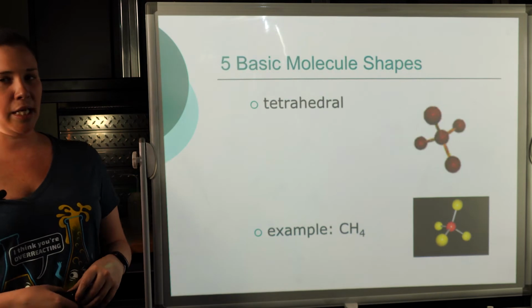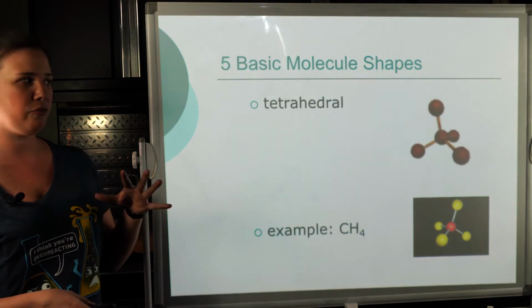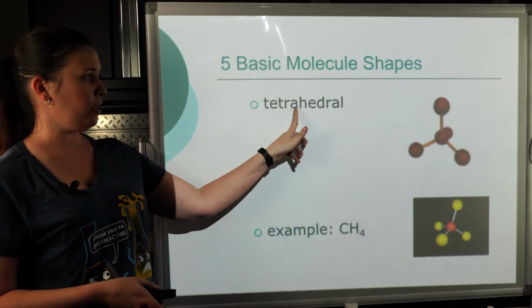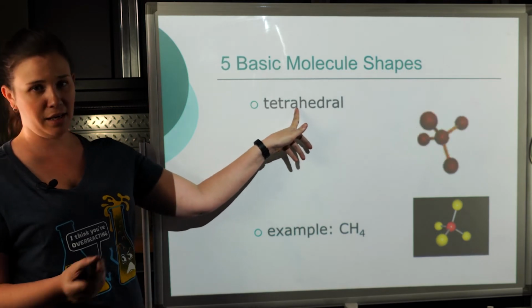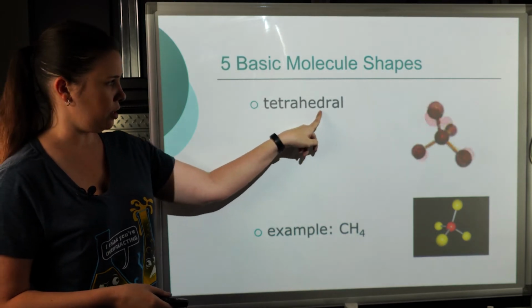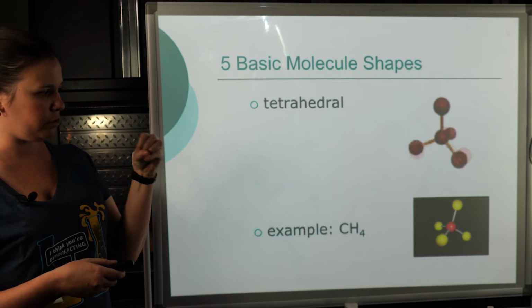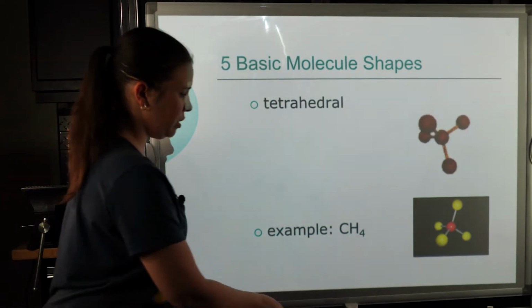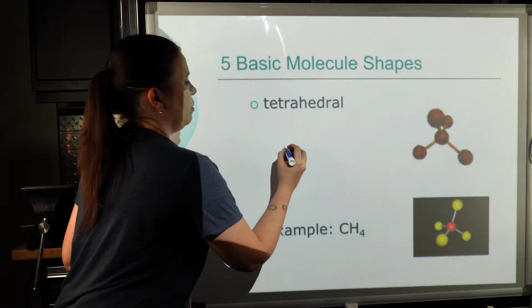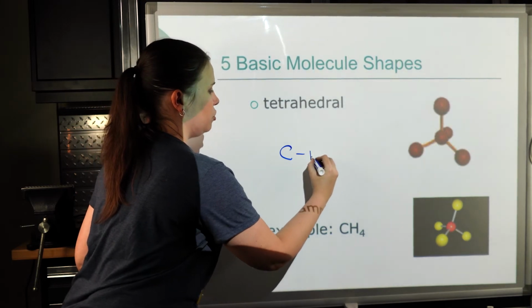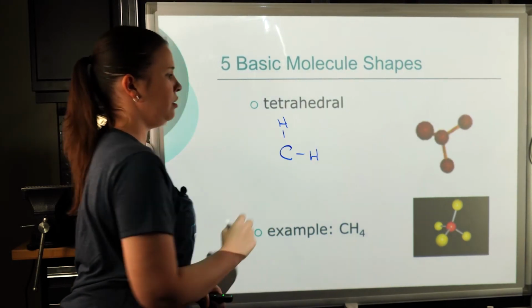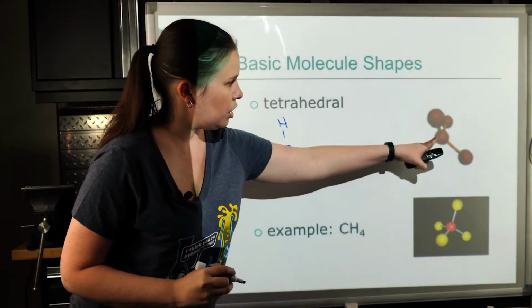All right, next shape. This is our only shape that has 4 attachments. Tetra actually means 4. You're going to see that in naming as well. So tetrahedral would be a central atom attached to 4 things. So this would be like our CH4. We can have our carbon attached to 2 of the hydrogens in the plane, but notice the 3D shape.